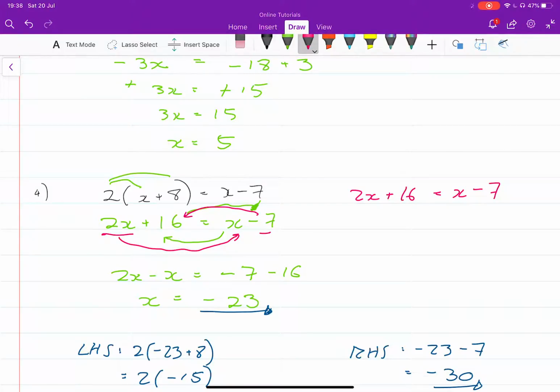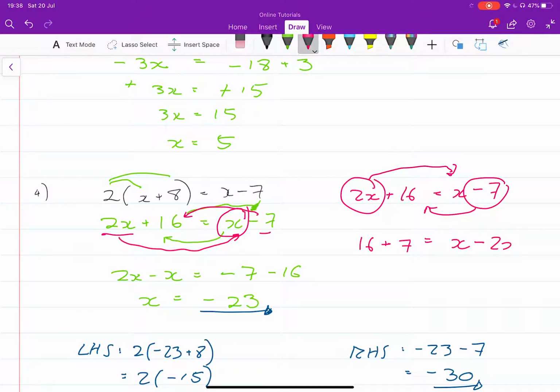The first time, we moved the single x, so let's move 2x. So we're moving the 2x this way, and we're moving the 7 this way. So what we end up with is 16 plus 7 is equal to x, and that becomes minus 2x. So what we end up with is 23 is equal to minus x, so x equals negative 23.